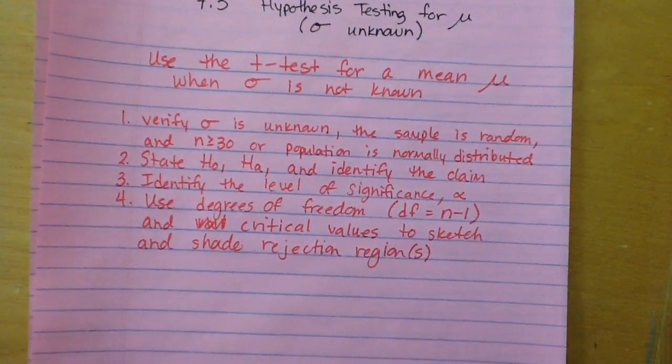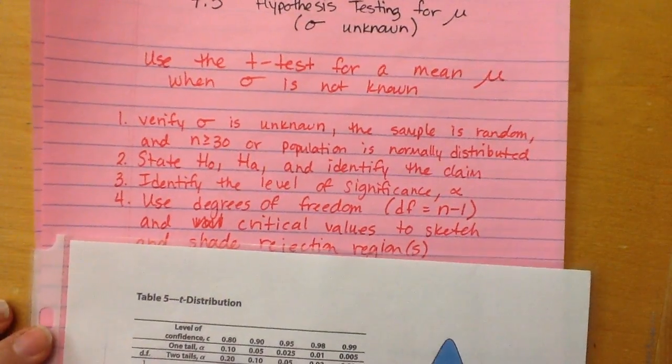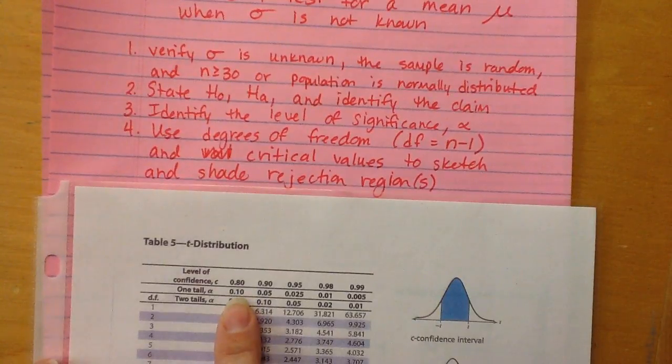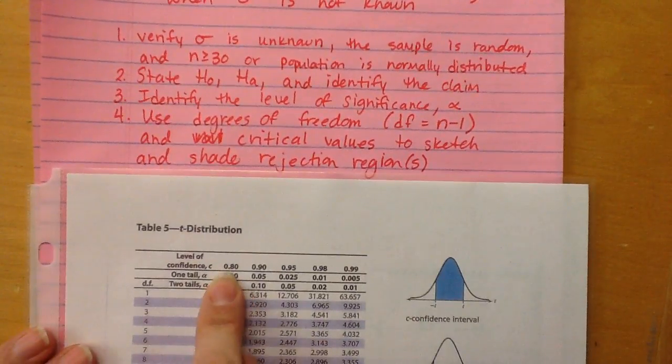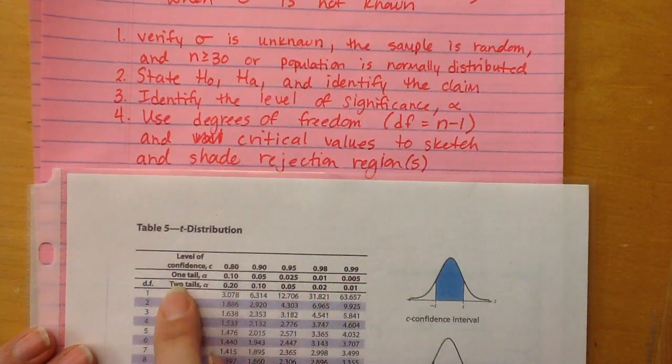There's 1 rejection region for a left-tailed test, 2 rejection regions for a two-tailed test. In the t-distribution table, you probably noticed this last time we were using it, there's a level of confidence row, and then there's a 1-tail test and a 2-tailed test.